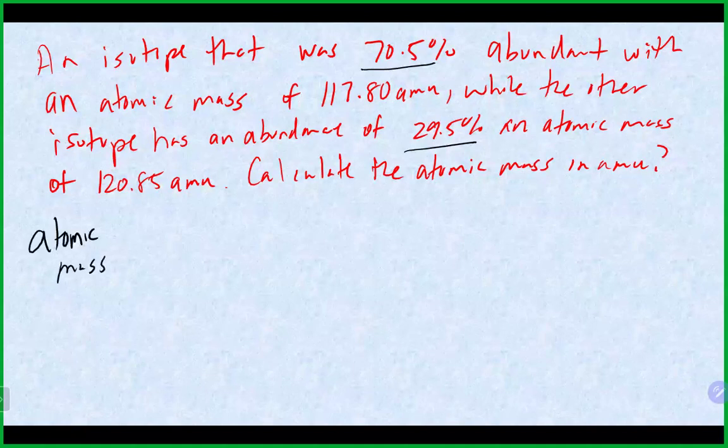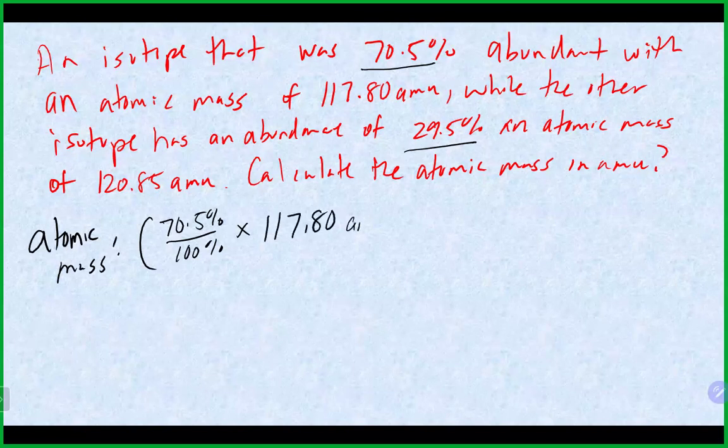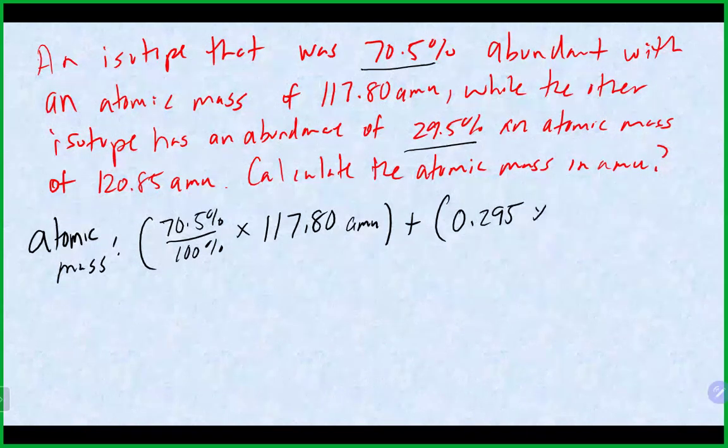We're going to take our first isotope, and you could either move the decimal like I mentioned, or divide by 100, which will do it for you. Then you can times that by the atomic mass of our first isotope, 117.80 AMU. We'll add it to our second isotope. Once again, you can move the decimal or divide by 100, and I'll just move the decimal on this one, and we'll times it by 120.85 AMU.